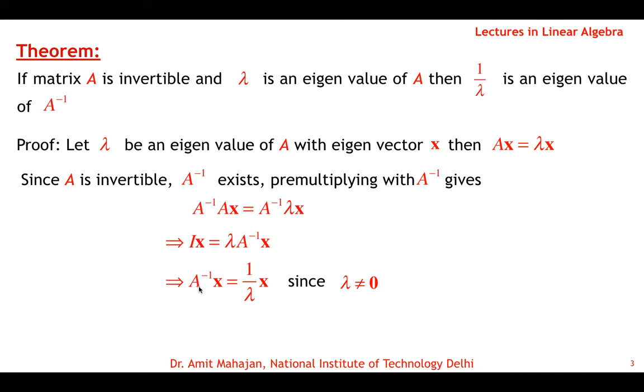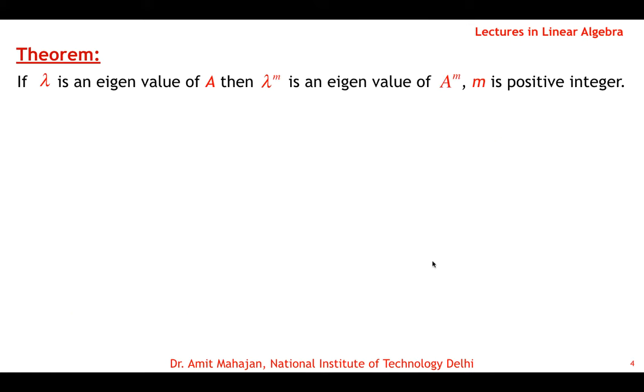A inverse applied on x gives 1 by lambda times x, so we get an eigenvector x with eigenvalue 1 by lambda for the A inverse matrix. So 1 by lambda is an eigenvalue of A inverse with the same eigenvector x. Now the next theorem is that if lambda is an eigenvalue of A, then lambda power m is an eigenvalue of A power m, where m is a positive integer.